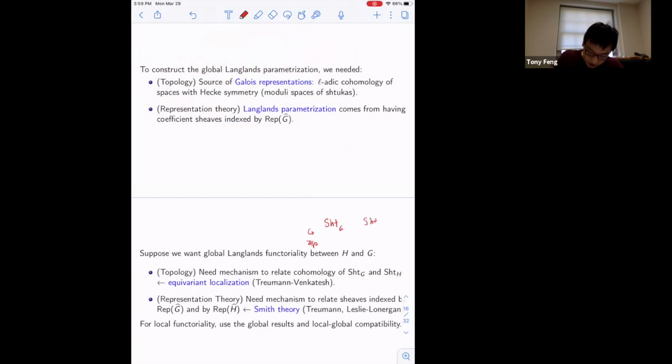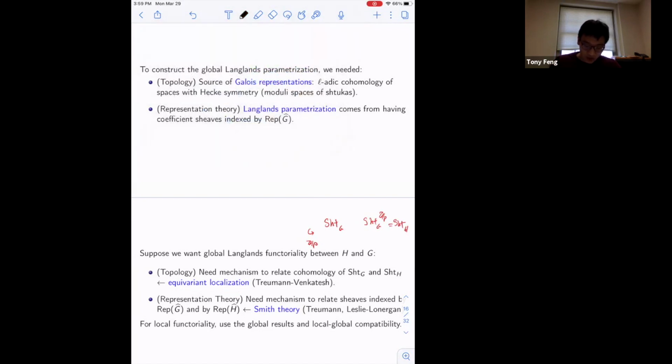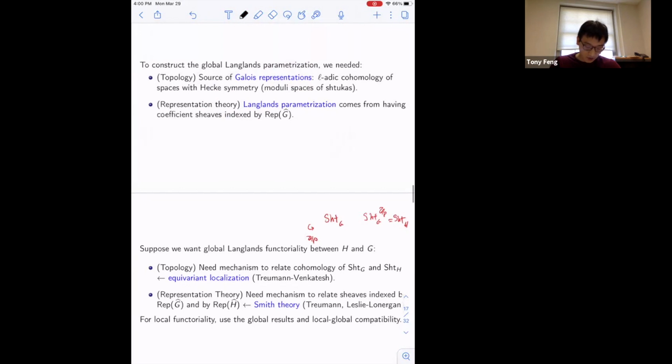And the geometric thing we're using is that the fixed point for Stückes of G is exactly the space of Stückes for H. And equivariant localization relates cohomology of a space with cohomology of its fixed points. The idea that for base change, this equivariant localization should be related to functoriality can be traced back to work of Treumann and Venkatesh in a slightly different setting.